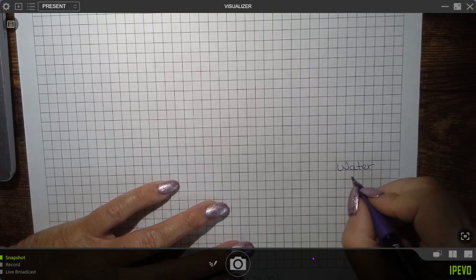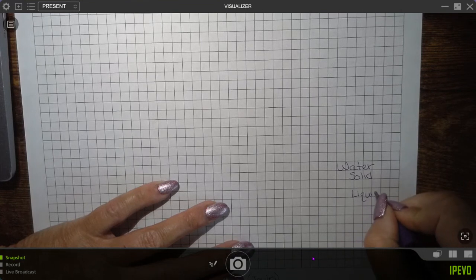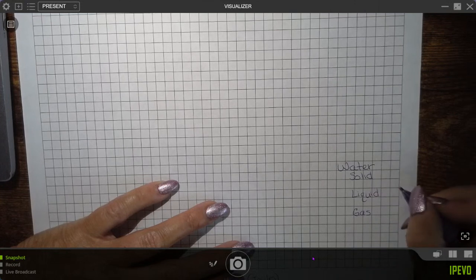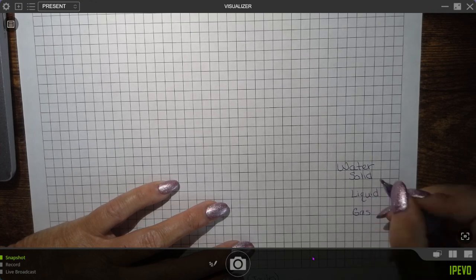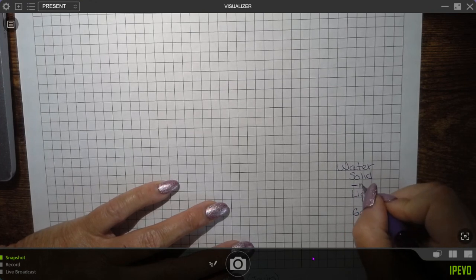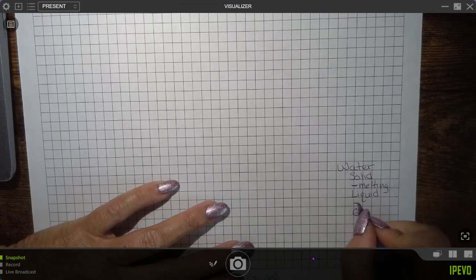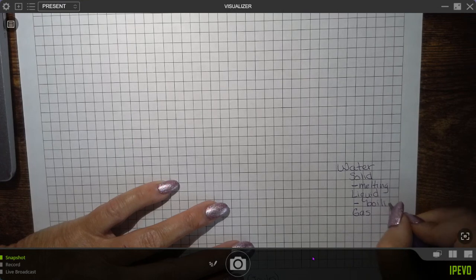We're going to observe solid, liquid, and gas phase. We are also going to observe the transition between solid and liquid, which would be melting, and the transition between liquid and gas, which would be boiling.